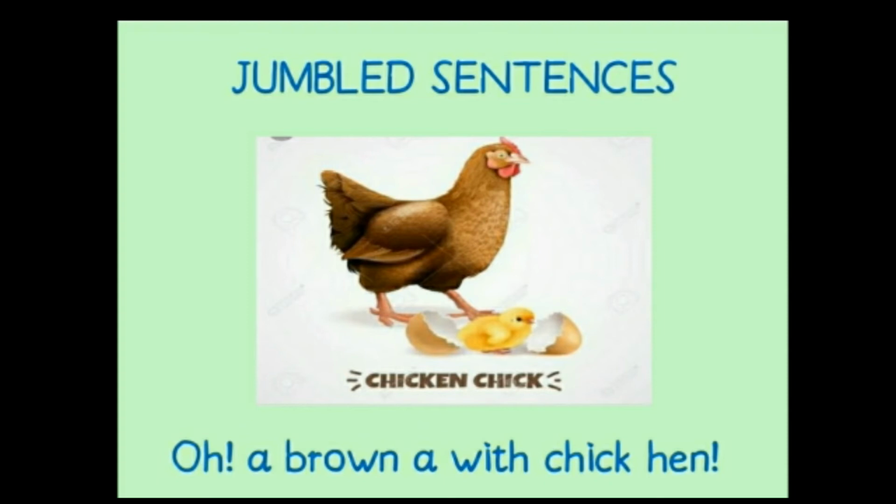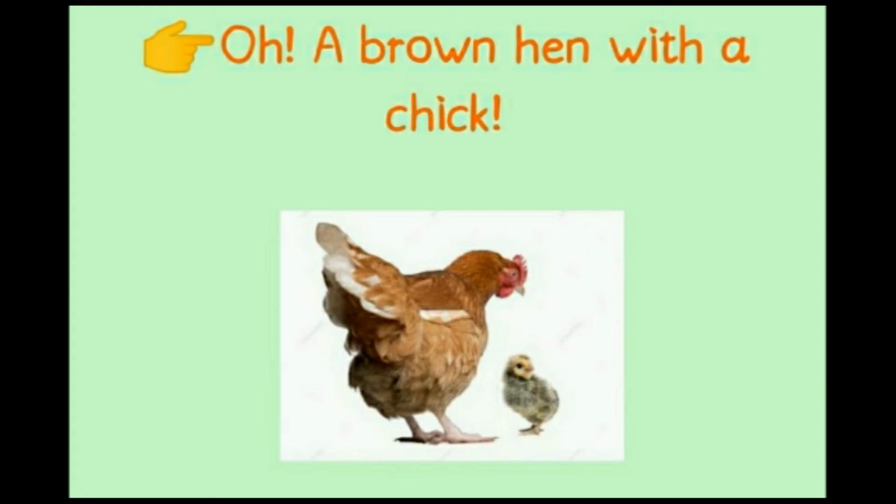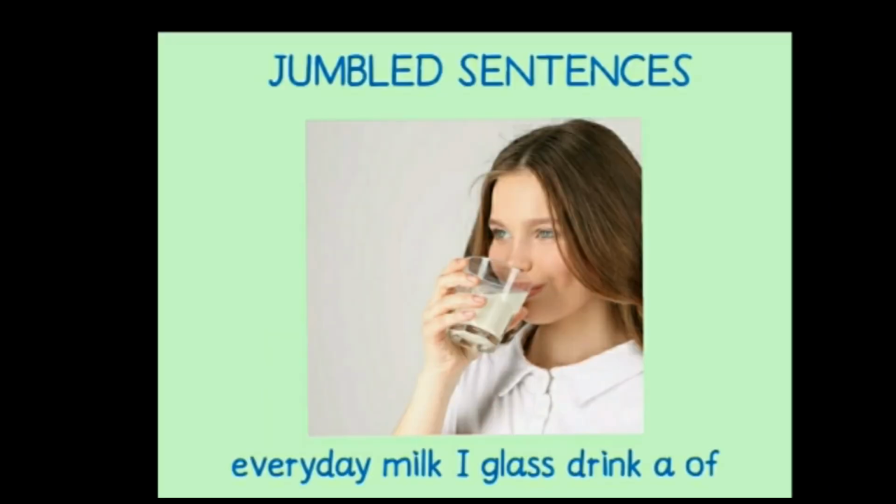Read the sentence. A brown egg with chick hen. Read the sentence and correct the sentence. A brown hen with a chick.